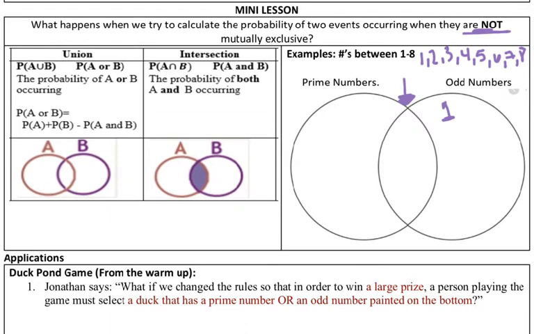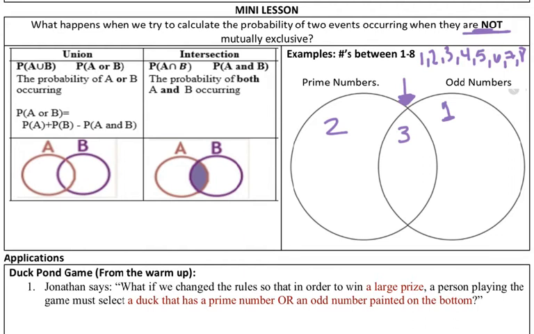Let's take a look at 2. So 2 is a prime number, but it is not odd, so it will go over here. 3 is a prime number. That is also an odd number. 4 is neither, so we will not put that in this diagram at all.